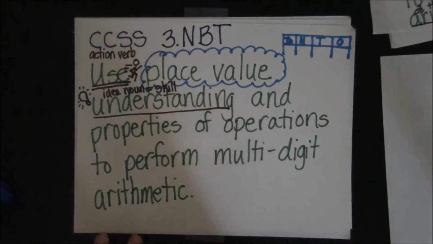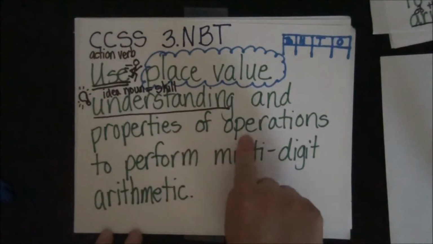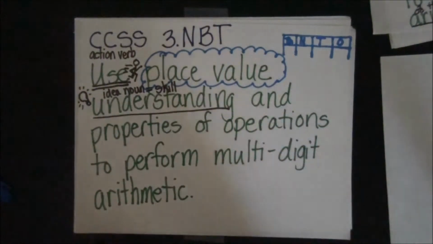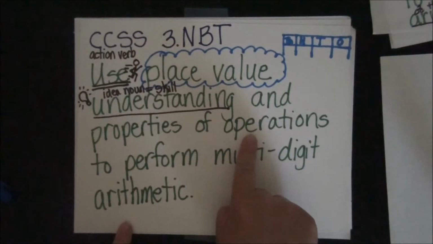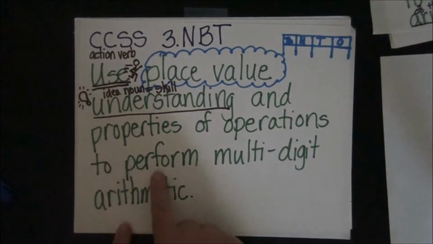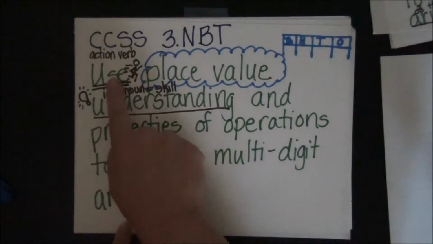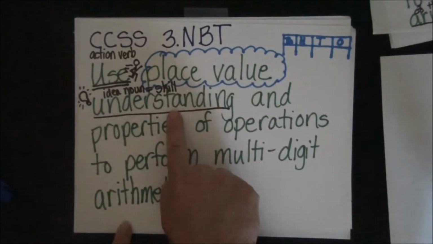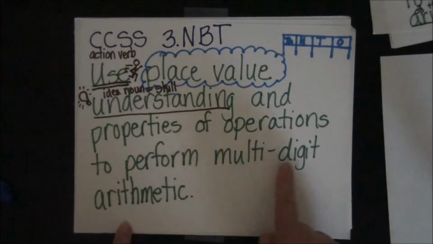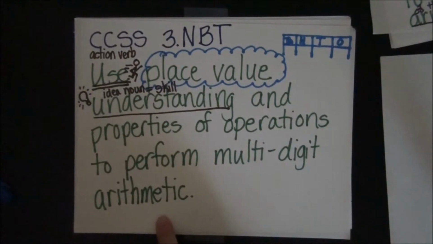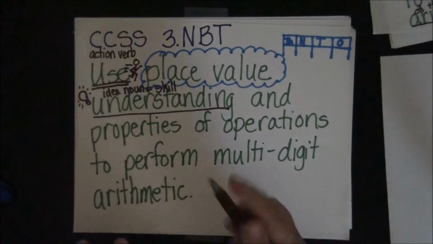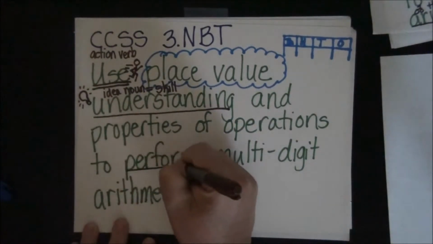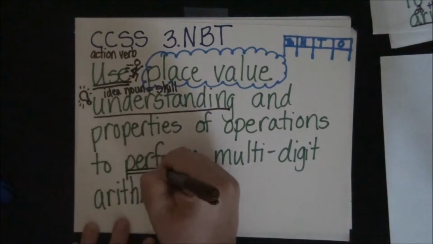Now, what are you going to use it for? You're also going to use properties of operations, but we're not talking about that right now, so we're not going to even pay attention to this little phrase. We're going to skip down to perform multi-digit arithmetic. So we use place value understanding to perform multi-digit arithmetic. Okay, so let's talk about these words. So the word perform is also a verb, so you know that you will be able to do this.